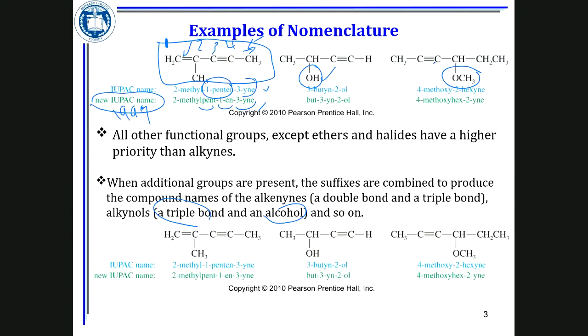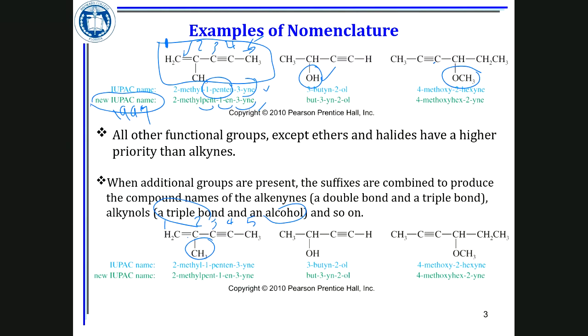Branches always should come first. So you have 2-methyl first, and then the functional groups are ene and yne. So you have 1-pentene and 3-yne. You cannot say 1-pentene, 1-pentyne.